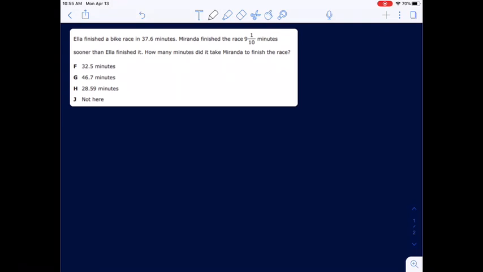Clearly in this problem, I'm being asked to work with decimals. So let's start by getting both of our numbers in decimal form. We can see that Ella's time is already in decimal form, so we know we're fine with Ella's time. We have to do something with 37 6/10 minutes. Miranda's time is given to us as a fraction, but if I just read that time, 9 1/10 can be written as a fraction or as a decimal.